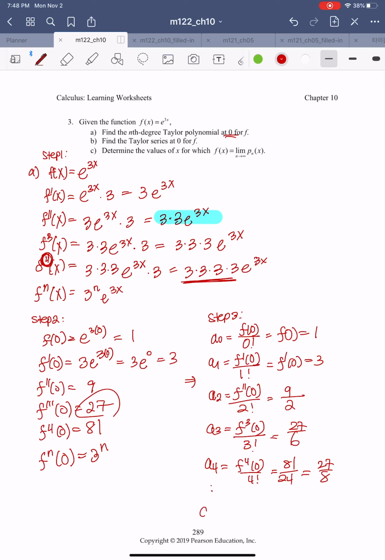All the way up to a sub n, f to the n at 0 over n factorial. So 3 to the n over n factorial. So using that coefficient, let's write out the nth degree polynomial.